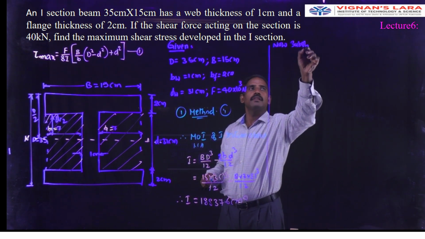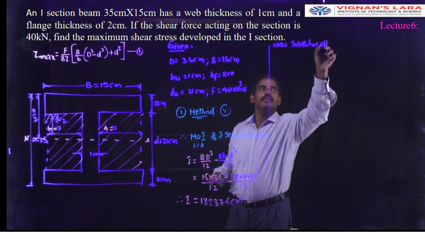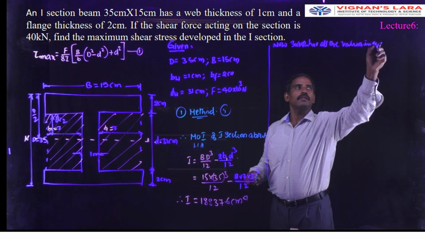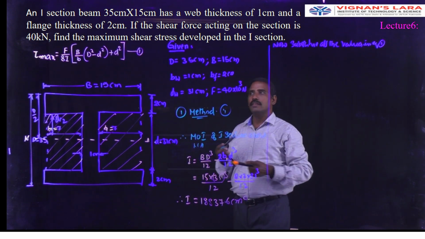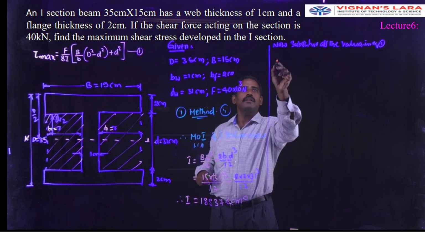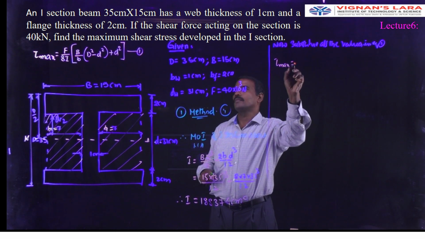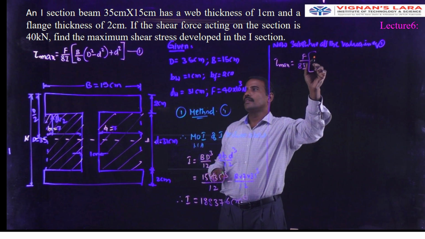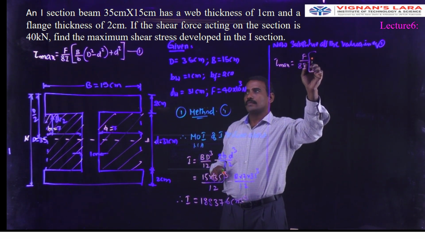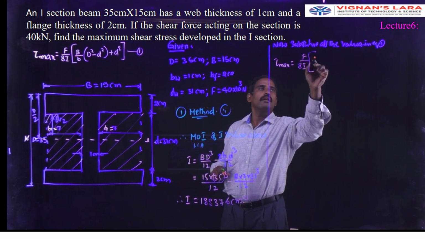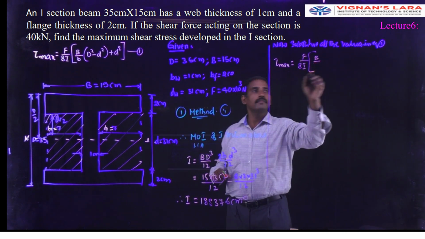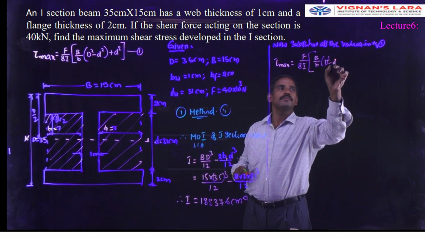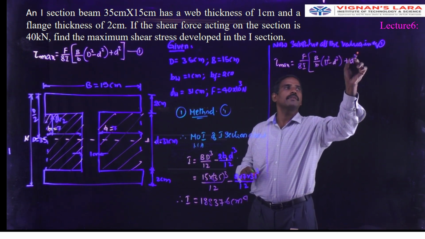Tau maximum is equal to F by 8I into capital B by small b into capital D square minus small d square, plus small d square.